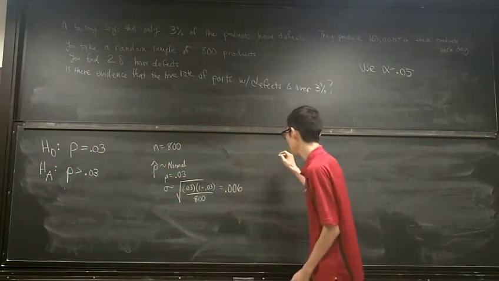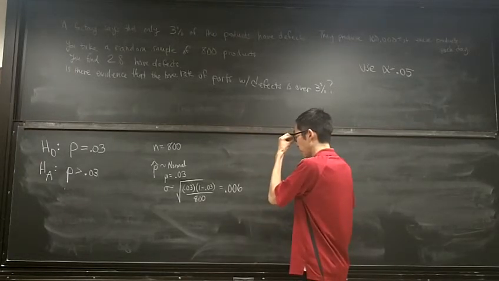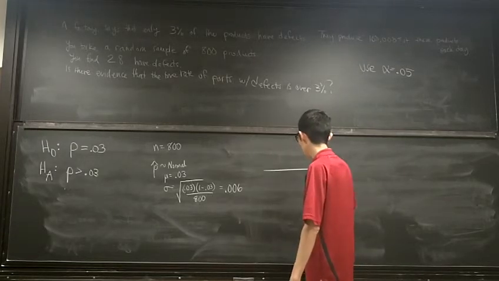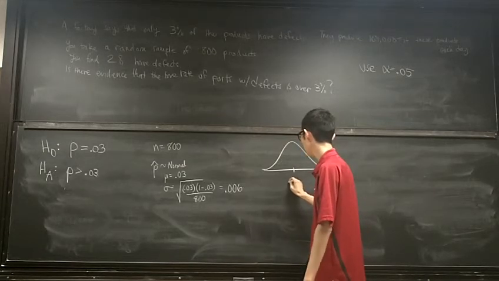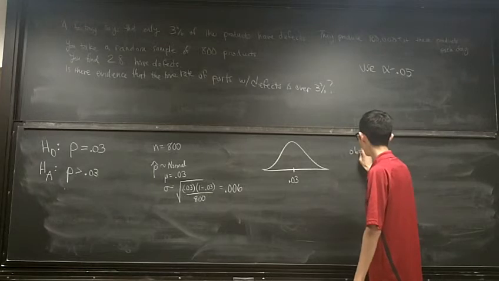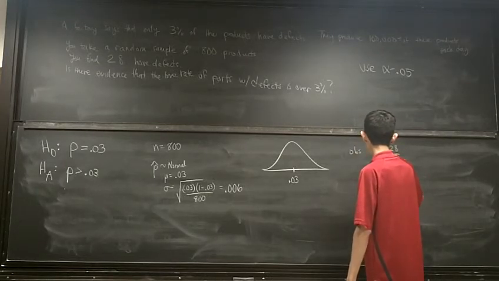Okay, so what happened is that our p hat should be at 0.03, and what do we observe? Our observed p hat is 28 over 800.